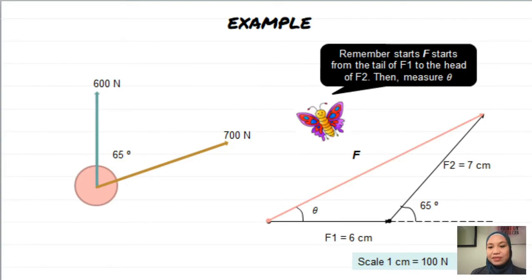To find the resultant force F, it starts from the tail of the first force, F1, and it ends at the head of F2. Now, you measure the length of F, the resultant force, and then you convert by the scale. And don't forget the angle, which is the direction of F.